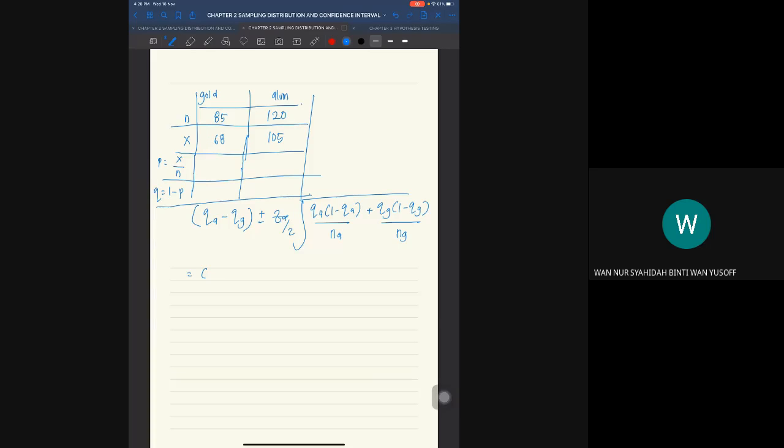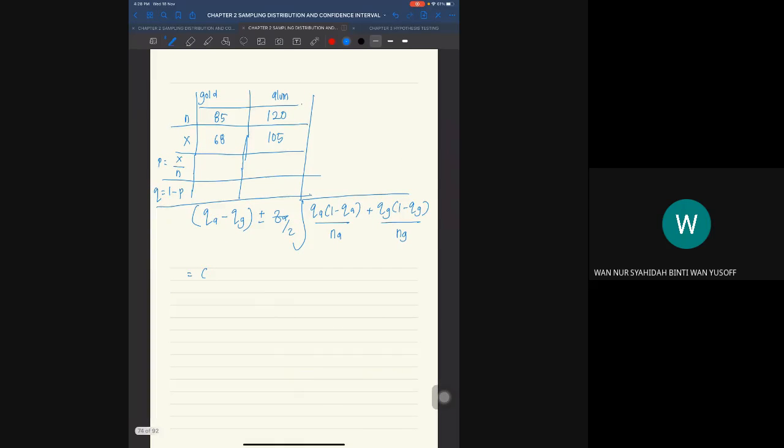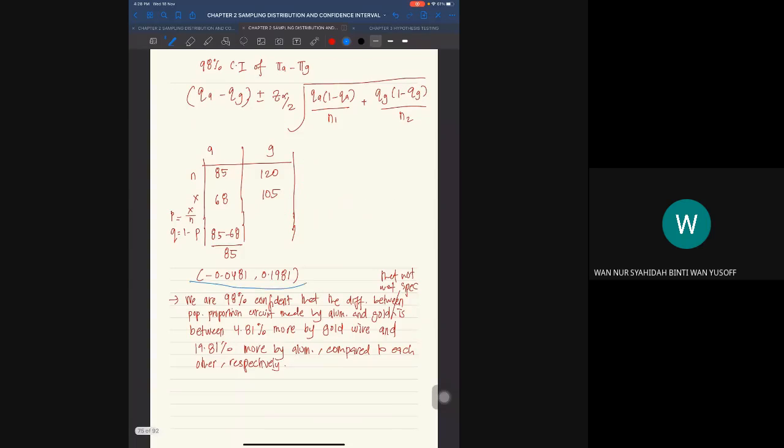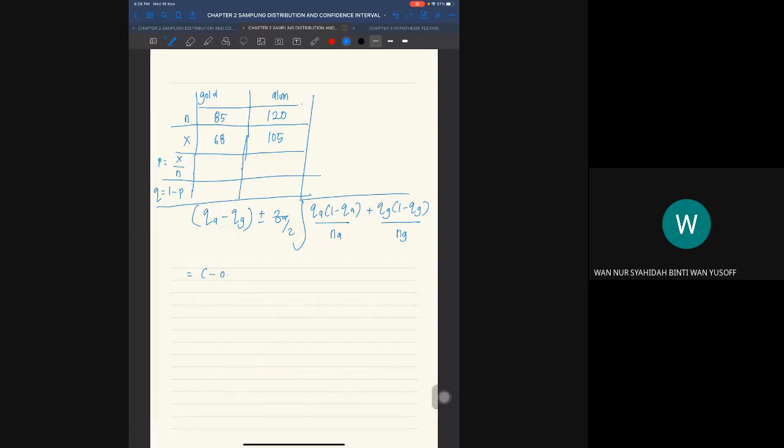The lower bound value? 0.8, and 0.2. That's the Q, 0.2. Oh, negative. So you should get negative 0.0481 and the upper bound 0.11981. Did you get this?